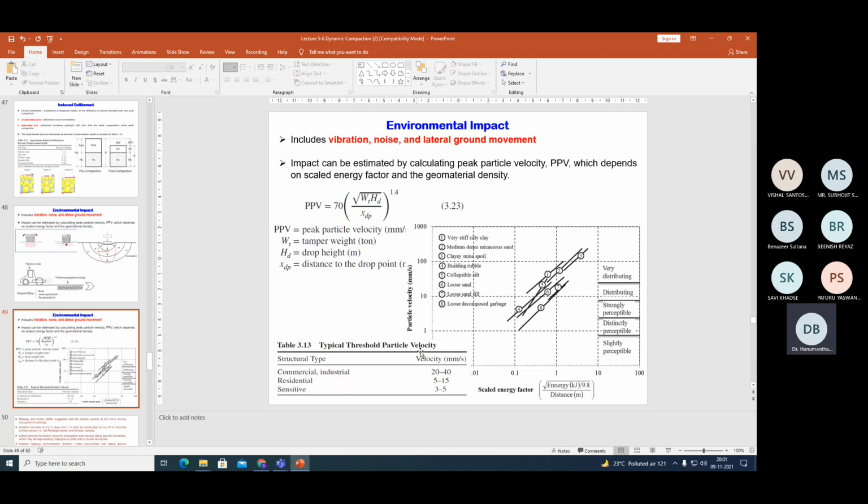This slide will be most useful to assess such environmental impact and thereby take a genuine decision: should I implement the deep dynamic compaction, or do I need to think of some alternative technique, so that there are no legal issues subsequently?